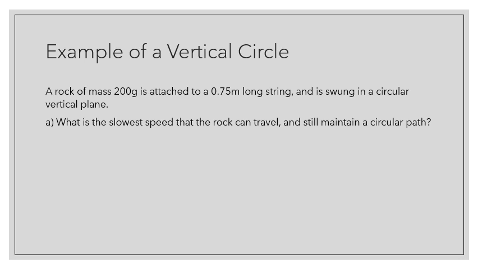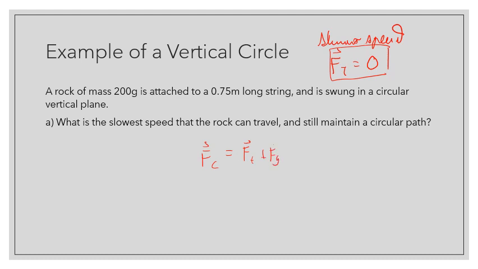The slowest speed is when the force of tension is equal to 0. Now we can plug this into our equation: centripetal force is equal to the force of tension plus the force of gravity.